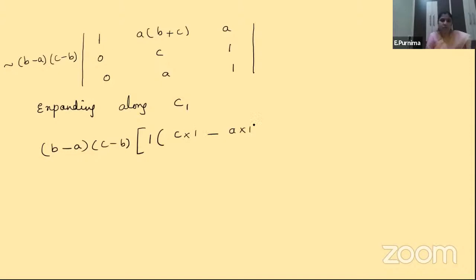Understood, children? Now why am I not writing minus 1 to the power of i plus j? Because I already told you, minus 1 to the power of i plus j gives the sign in front of the cofactor. This is the positive sign because it is first row, first column: 1 plus 1, minus 1 to the power of 1 plus 1 will give you plus 1 only. Is it clear?